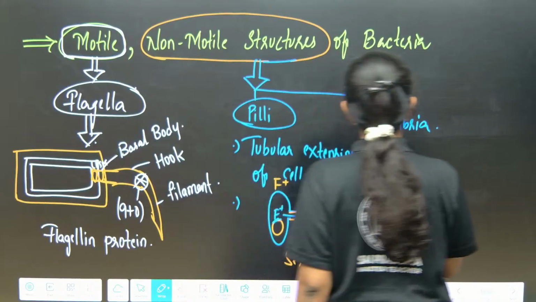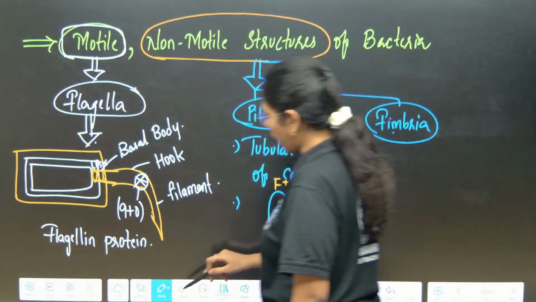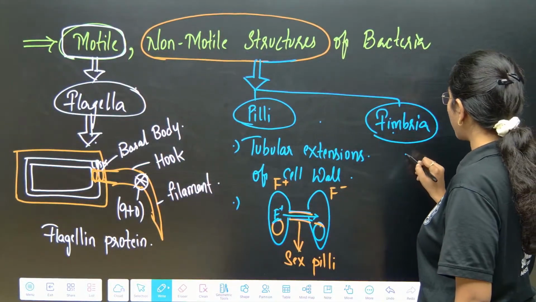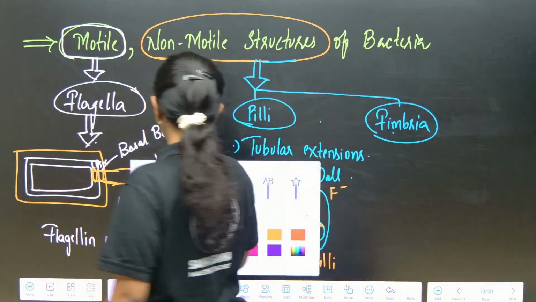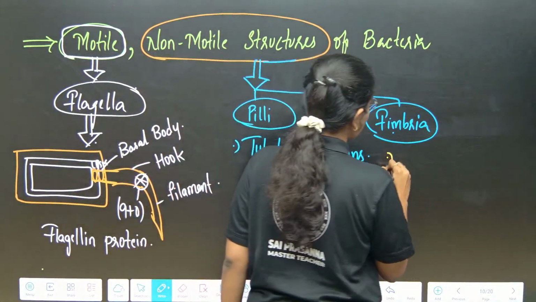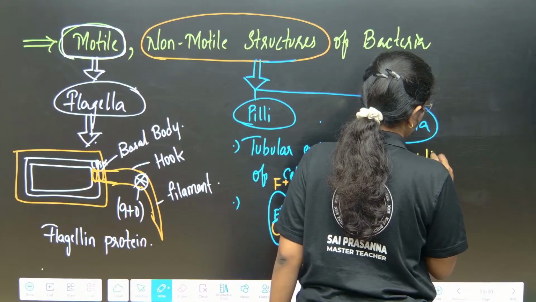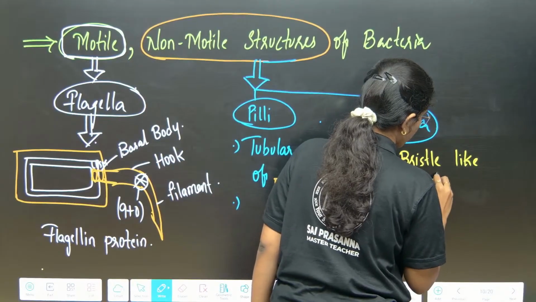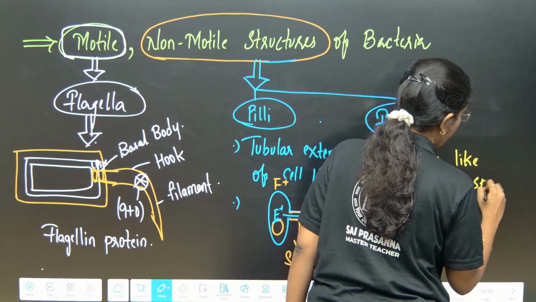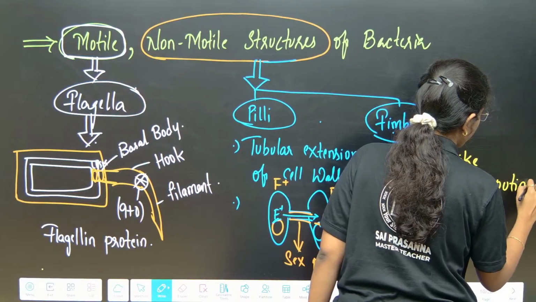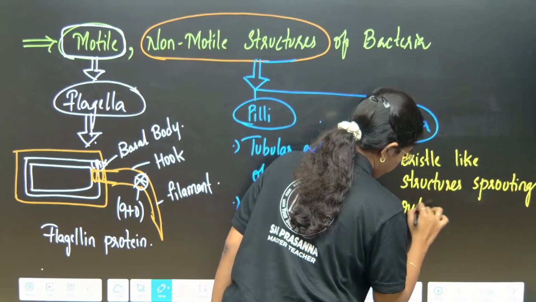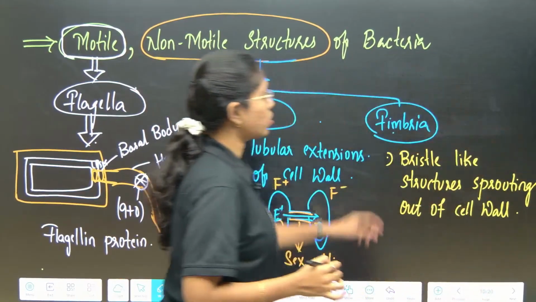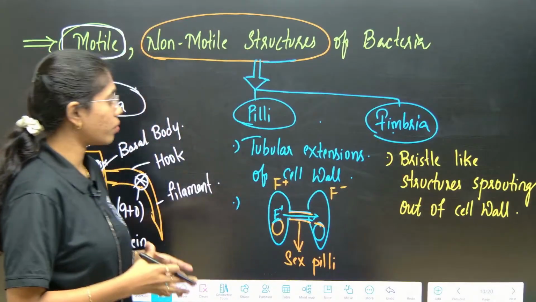How can you describe fimbriae? Fimbriae is described as bristle like structures which are sprouting out of the cell wall. Fimbriae is described as what? Bristle like structures sprouting out of the cell wall.